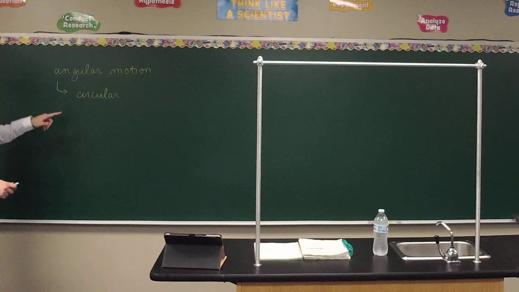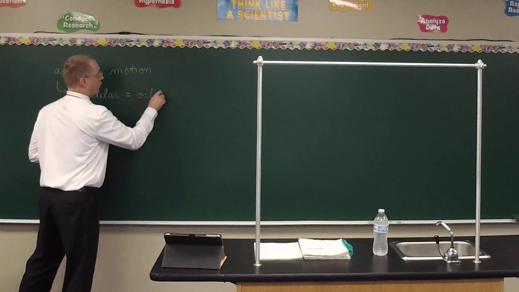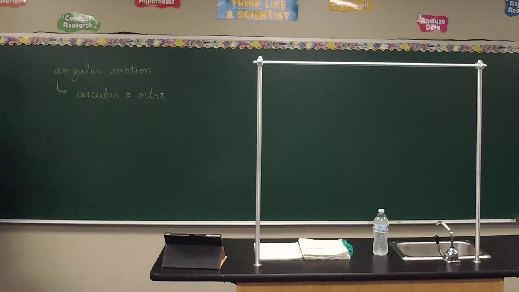Circular motion, though, here's the key word for circular: circular motion equals orbit. For instance, the Earth goes around the sun, not in a perfectly circular pattern, but it's kind of close-ish, as we talked about. So that's kind of like circular motion. A yo-yo going around your finger, that's circular motion, because the yo-yo is orbiting your finger. The moon going around the Earth, it's orbiting roughly in a circular pattern.